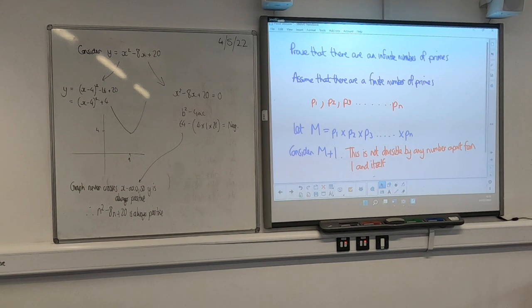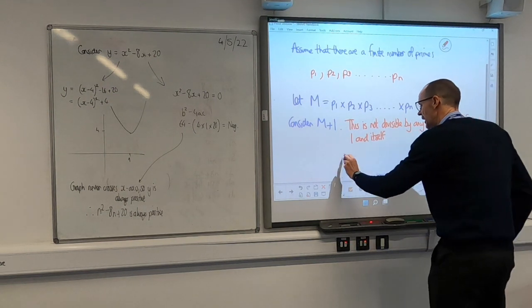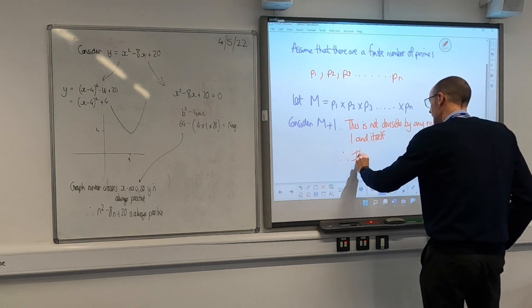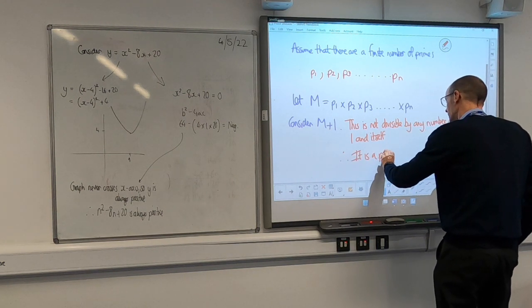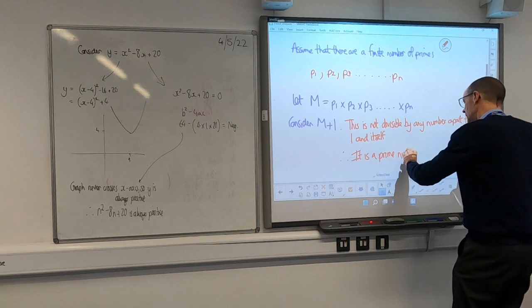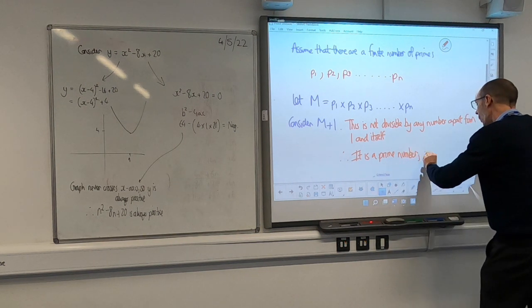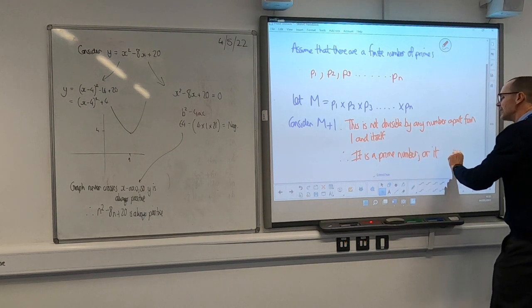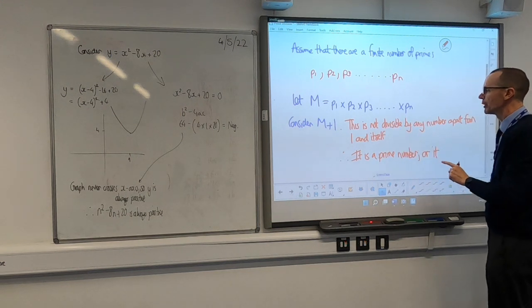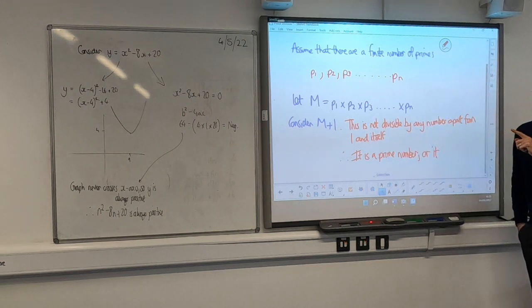So therefore, it is a prime number, or, so it's not the same thing. I've either discovered a new prime number, or my list wasn't complete. There were prime numbers bigger than 37.